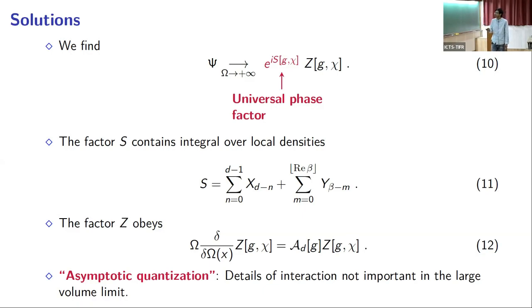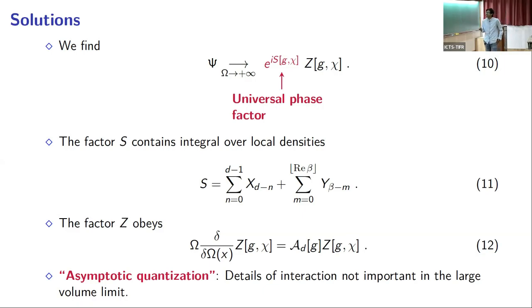This is the pure gravity part, and this only appears when you couple gravity with matter. Now the point is the leading term goes like omega to the power d, that you can see here, but there are also sub-leading terms. You can recursively calculate these things. And this Z, which is multiplied with this universal factor, obeys some simple Weyl transformation equation, because this omega you can interpret as a Weyl transformation.